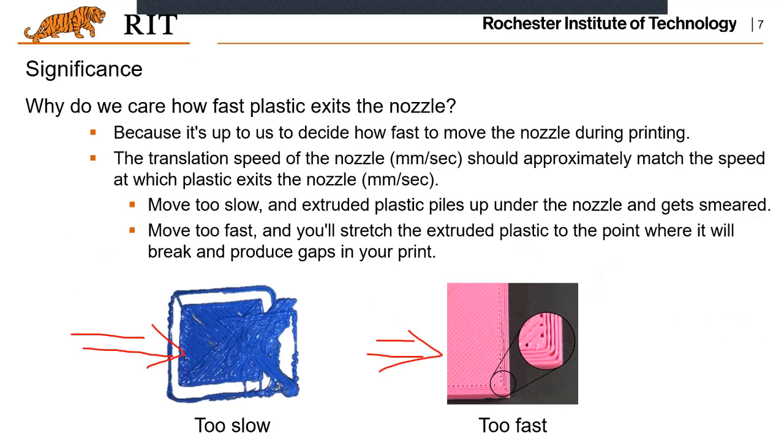So if it moves too slow, the extruded material will pile up around the nozzle and get smeared. Sometimes an extreme case is you have a really large pile and it collides with the nozzle and prevents the whole process.